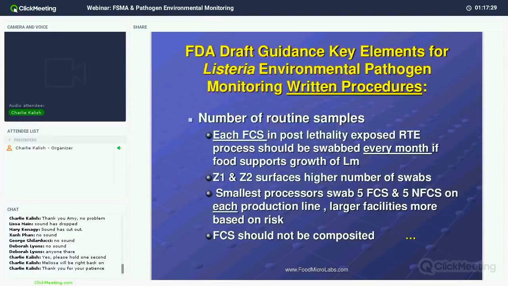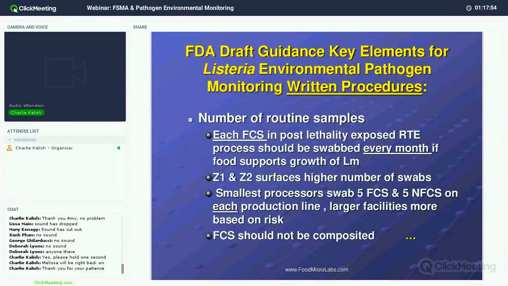So when we're talking about the number of routine samples that you have, as you can see on the slide, each food contact surface that is in a post-lethality step, so that could be after you pasteurize, if it's exposed to the environment and it's ready to eat, we'll need to swab every month if that food is capable of supporting Listeria monocytogenes.